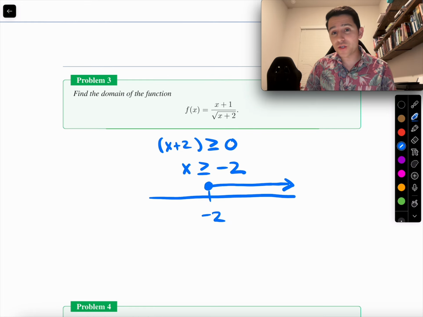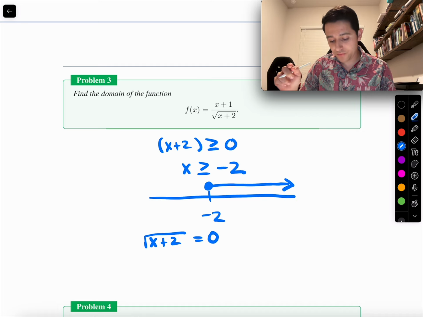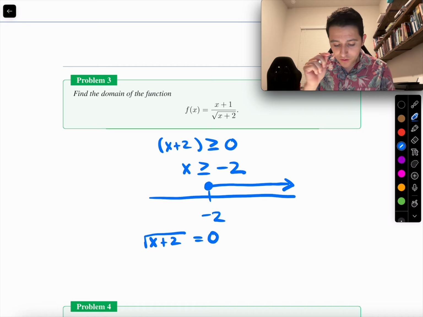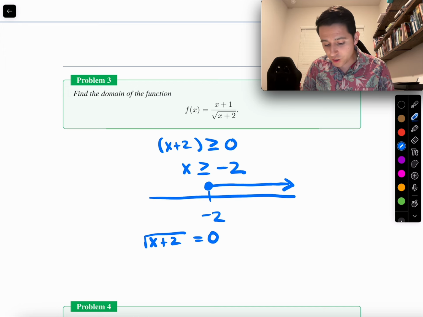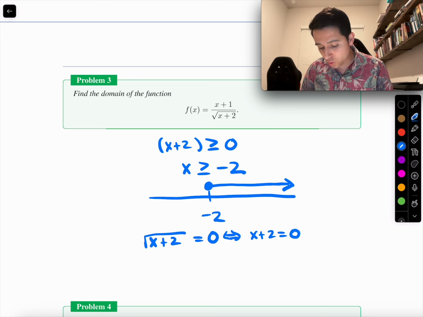But remember, there's something else we need to exclude when we divide by 0. So I'm going to set the bottom equal to 0 and solve. Well, the square root of a number is equal to 0 if and only if the inside is equal to 0. So now I'm going to solve this second equation.